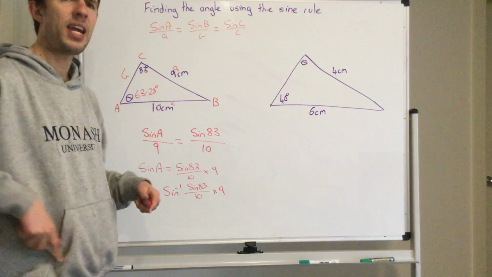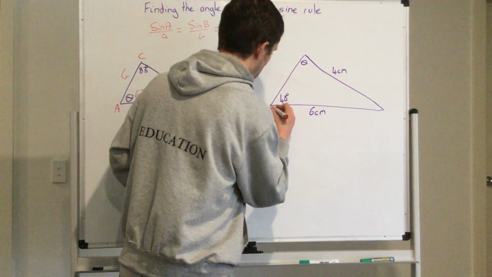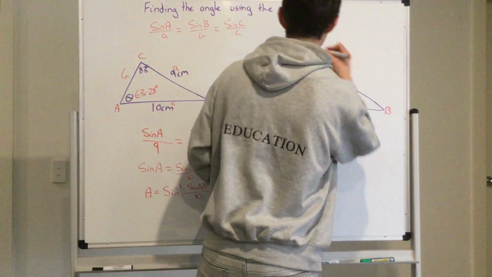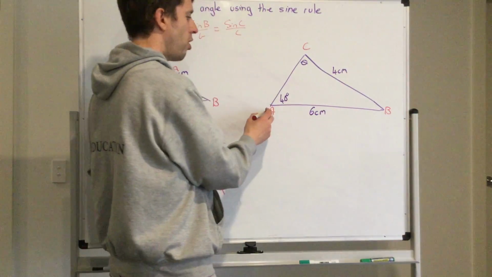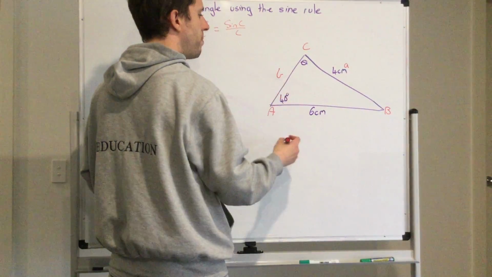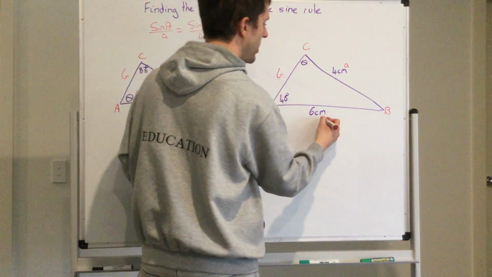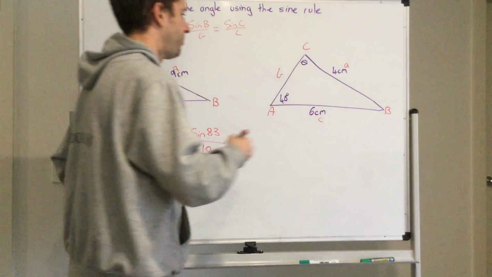Let's have a look at my next triangle. So again, the first thing I did, I just labeled everything. So label A, B, and C. I'm going to label my sides now. Opposite of angle A is side a, opposite of angle B is side b, and opposite of angle C is side c. And I'm going to fill it in.